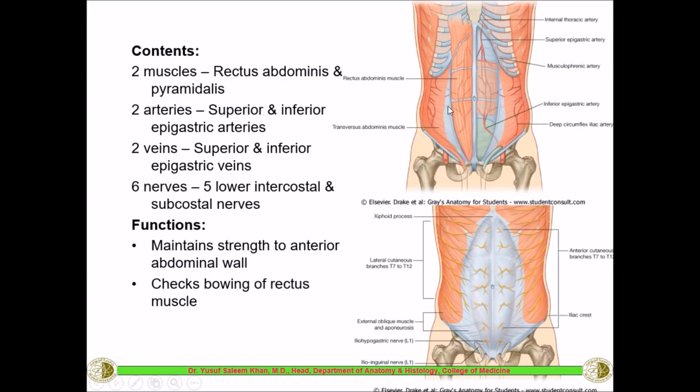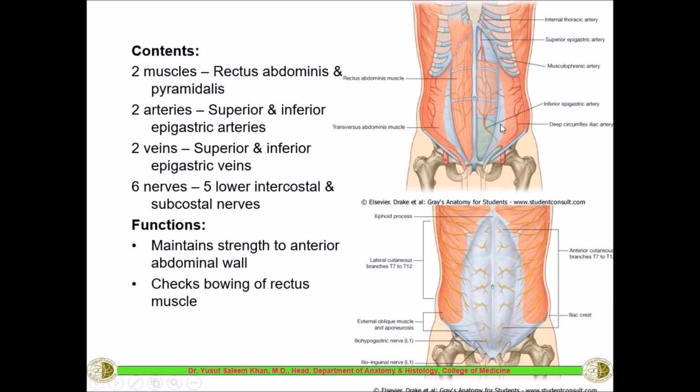So this rectus sheath will be having two muscles: the rectus abdominis as well as the pyramidalis. Along with that, there are two important arteries supplying this muscle: the superior epigastric as well as the inferior epigastric artery, which will be supplying the anterior abdominal wall. Along with that, there will be two veins, the superior epigastric and the inferior epigastric vein, running along with these arteries.